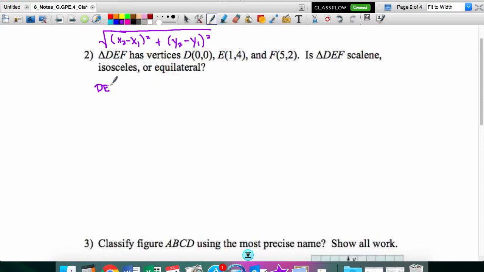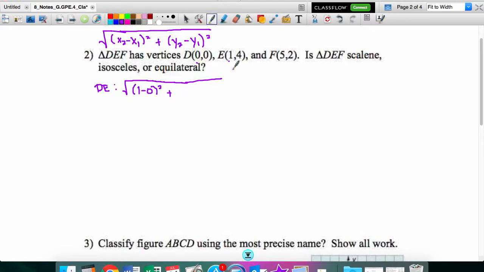So let's calculate DE. Our 2 coordinates are 0, 0, and 1, 4. Yes, you could label this as your x1, y1, x2, y2. But as I said, for the distance formula, all it is the difference of x's, so the difference of 0 and 1 would just be 1, right?